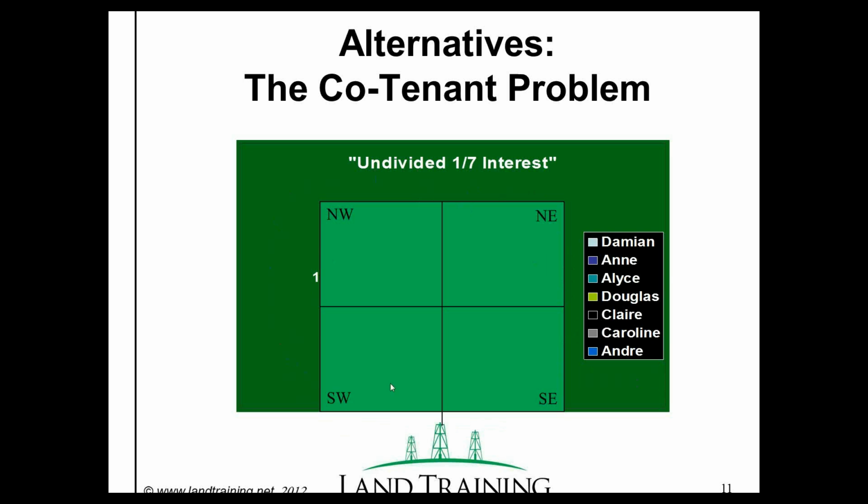Okay, now let's say that only my brother Damien signs it. Are we going to be responsible for paying the drilling cost, my siblings and I? And the answer is yes, once payout occurs and you start making money.